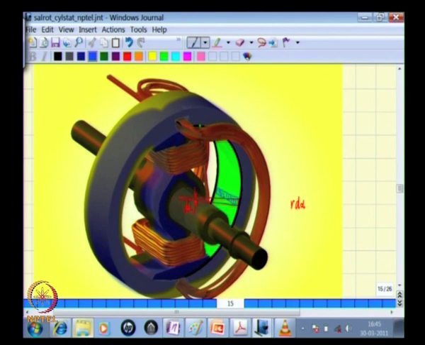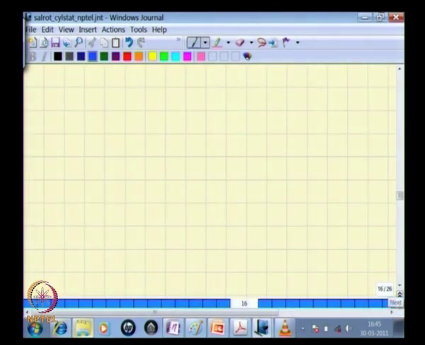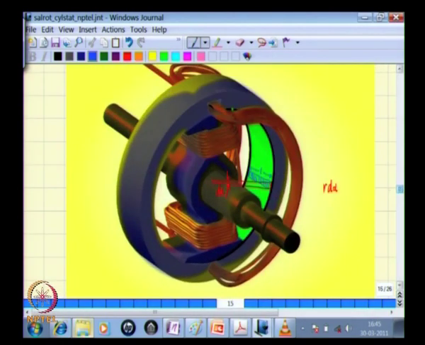So, if the stator length is L, then the area is given by r d alpha multiplied by L. Let us say alpha equal to 0 is at this point where this coil starts.